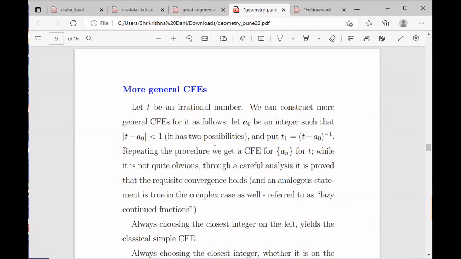So let a0 be an integer such that |t minus a0| is less than 1. Of course, a0 will be bigger than t or a0 will be less than t. Now I take the inverse of t minus a0. This is obviously not zero, and therefore it can be inverted.